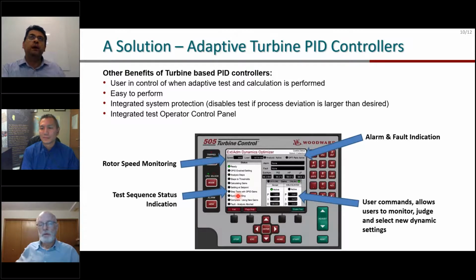If the valve cannot perform well, it will tell you that it failed. But if the sticking is very small and the controller can accommodate for it, it will do that and give you the new parameters and new values.